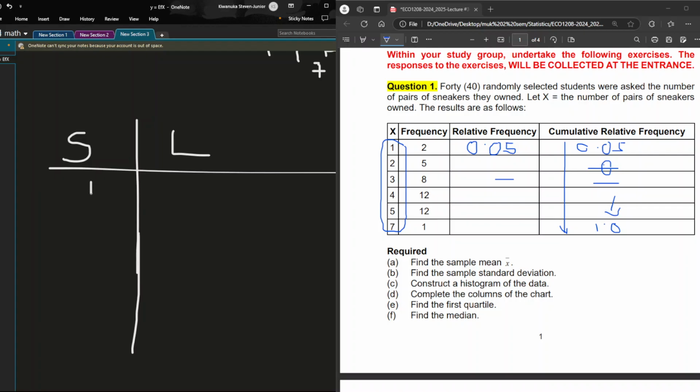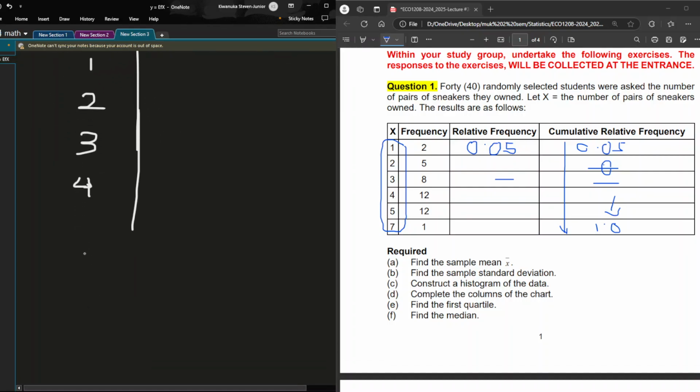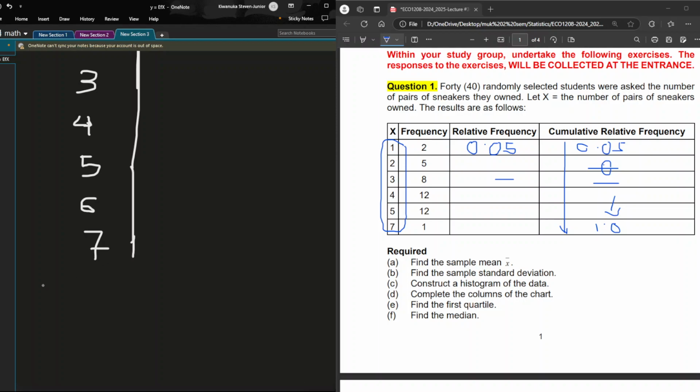We have 1, 2, 3, 4, 5. We actually don't have a 6, but you indicate 6 there because they have to be in chronological order. Then finally a 7.